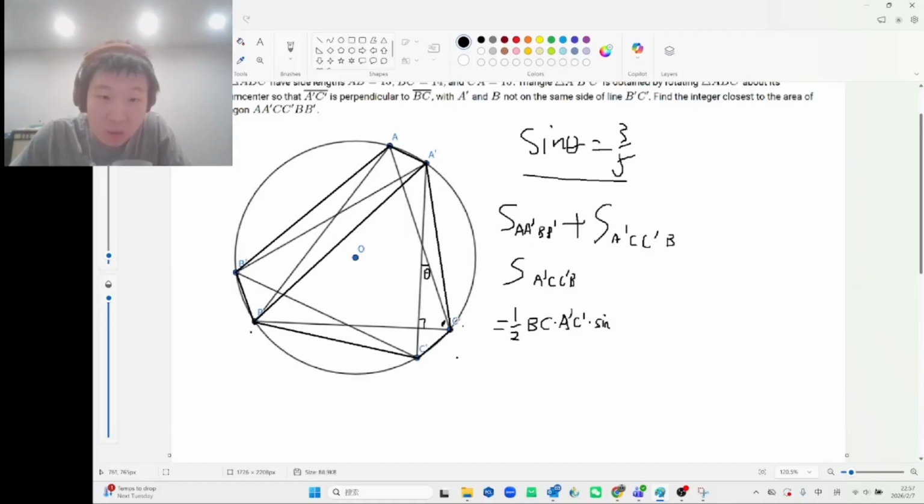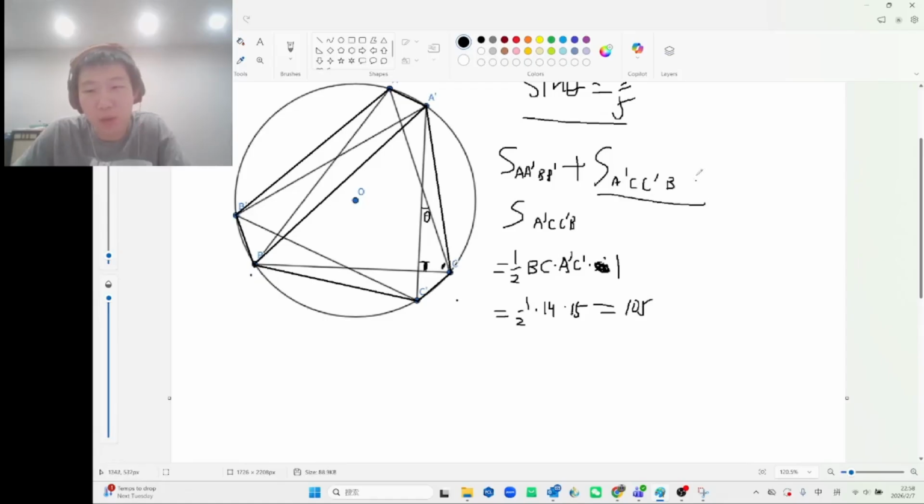Here we have a 90-degree angle, so the sine is 1. BC is 14, and A'C' is the same as AC, which is 15. You end up getting 105.